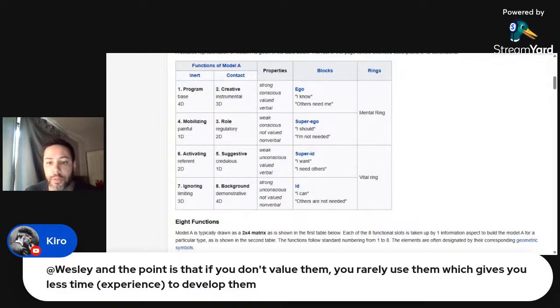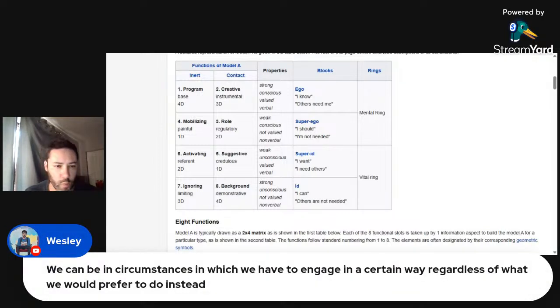Oh, I love it. The arguments are breaking out already. Be a certain in which we have to engage in certain ways, regardless of what we would prefer to do instead. Yeah, yeah, you could see that.